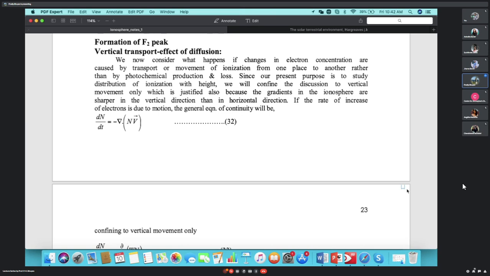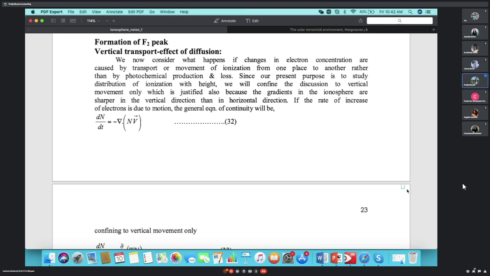In the vertical profiles, all of us know that it is the F2 peak which has the maximum amount of ionization. So why does that F2 peak happen? Earlier, by that equation, it should continue to rise, but it doesn't continue to rise. So now we know why.